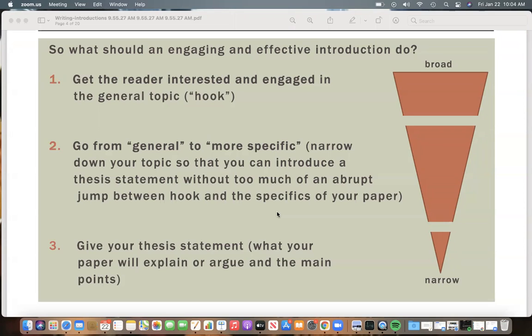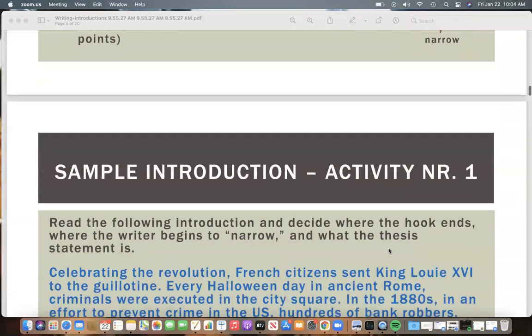You can notice here on the right side of the page that this little graphic helps you organize that in your brain. We're going to start out with a broad hook of some sort, a question, a quote, something, and then narrow it down to that specific thesis statement.